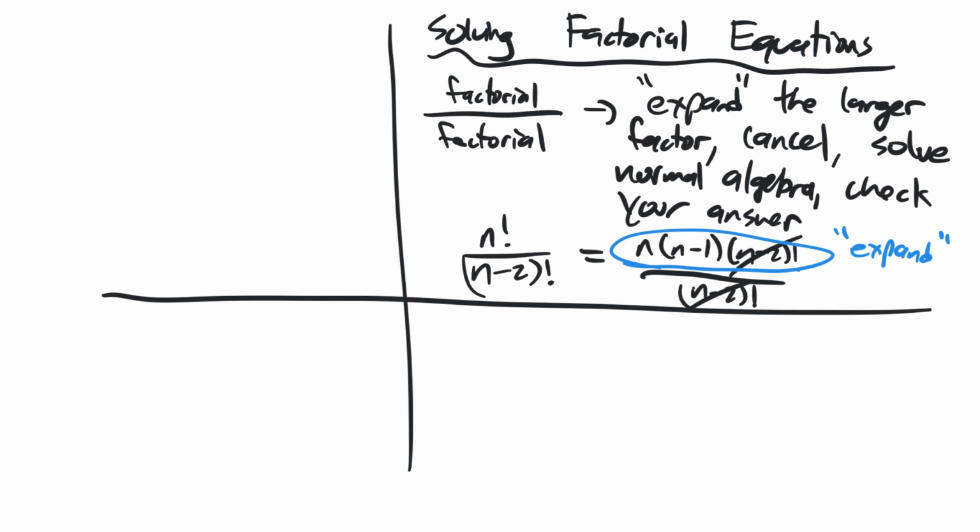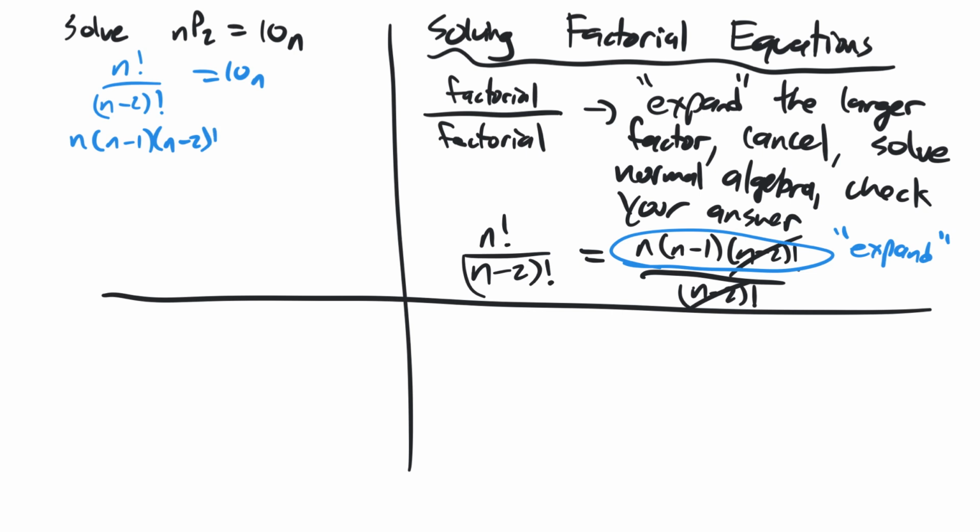All right, let's put up an example here. So let's solve nP2 equals 10n. So pause the video and give that a try. All right, so this is first off a formula, n factorial over n minus 2 factorial. Then you get n times n minus 1 times n minus 2 factorial over n minus 2 factorial.